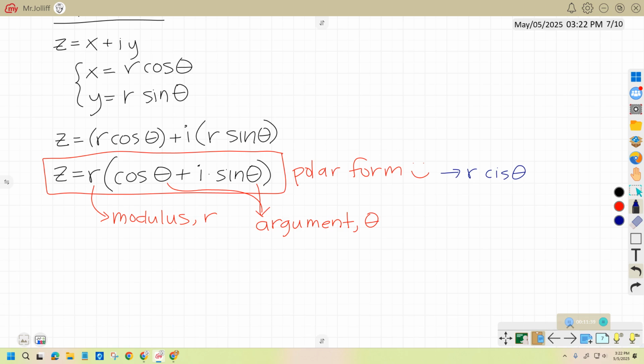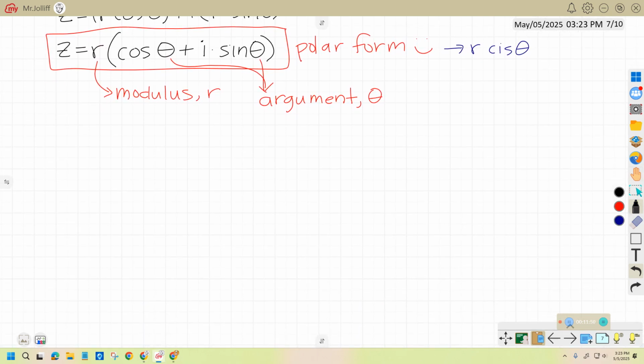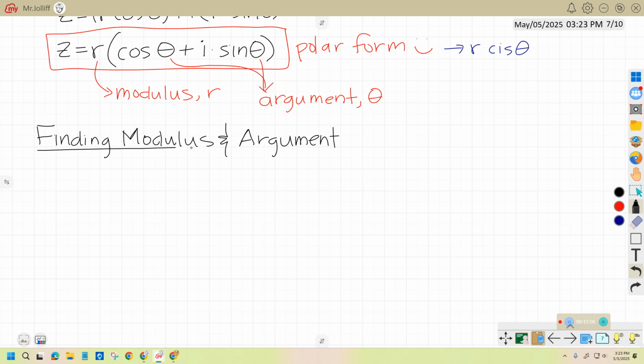All right, let's practice going from rectangular to polar, and practice finding our modulus, distance from the origin, and our argument, theta, angle from the positive x.